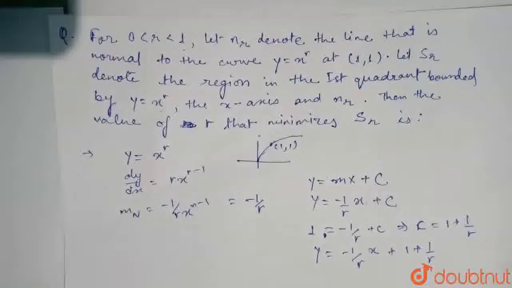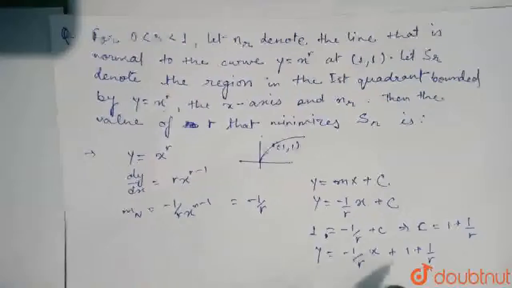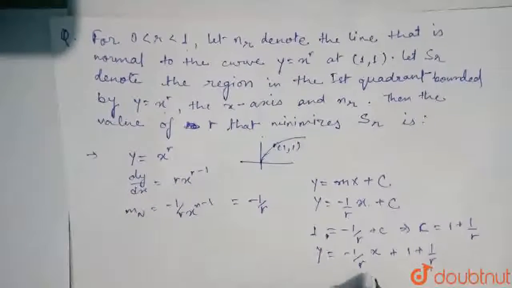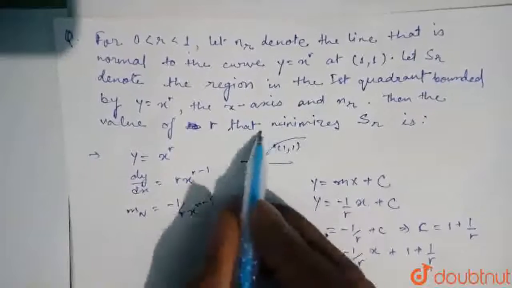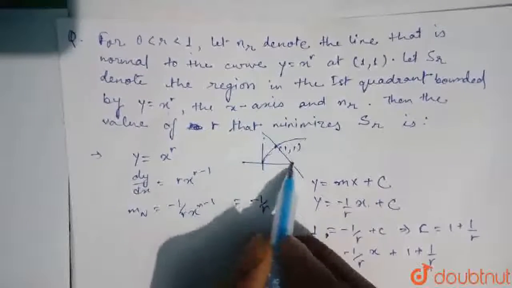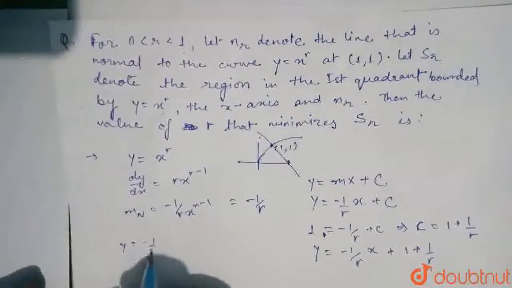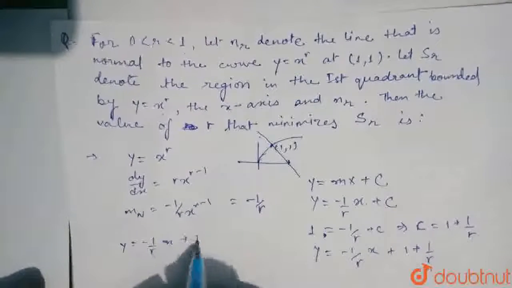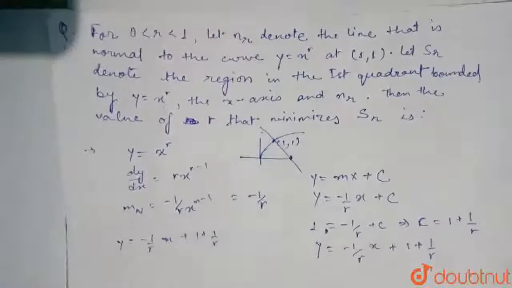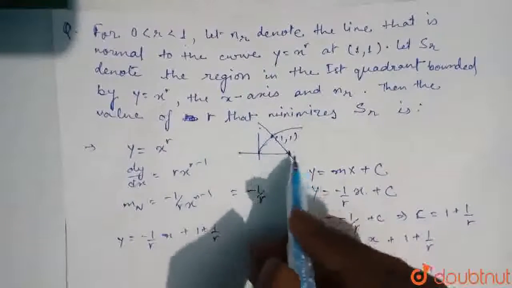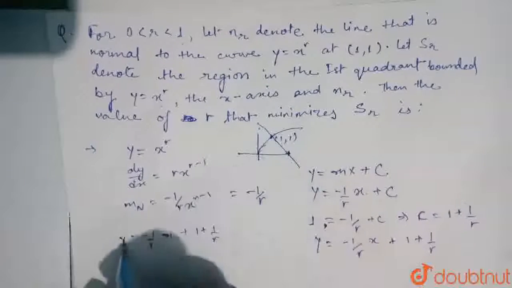Now we get the normal. Now suppose the normal is drawn like this, we'll try to find this point. So y equals minus 1 by r times x plus 1 plus 1 by r. To find this point, we'll put y as 0.